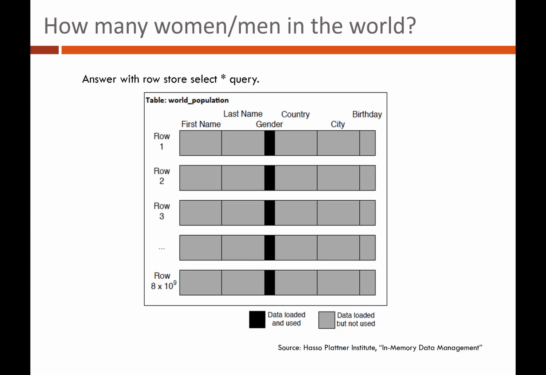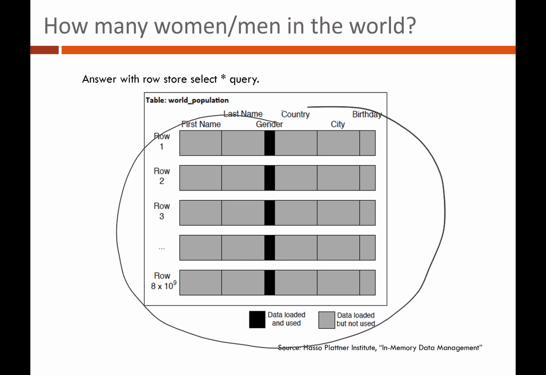Well, what actually happened when you wrote a select star is the computer went out and fetched everything. Even though really to answer your question, all you needed to do was to look at the gender field, but you fetched a whole lot of data that you never used, which is one reason why hopefully in your database classes you've taken, it was beaten over your head to not fetch data that you ultimately don't need, and to be really, really careful about select star operations, because they're almost always overkill.